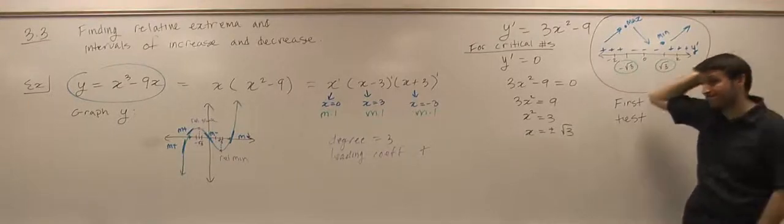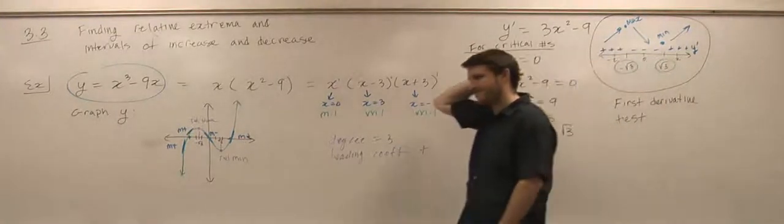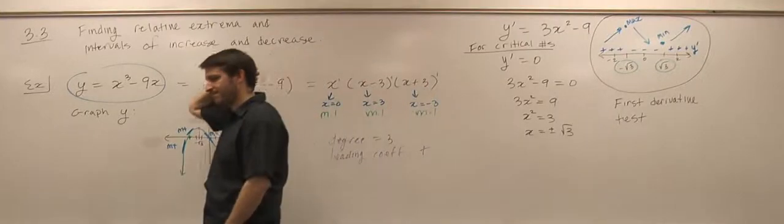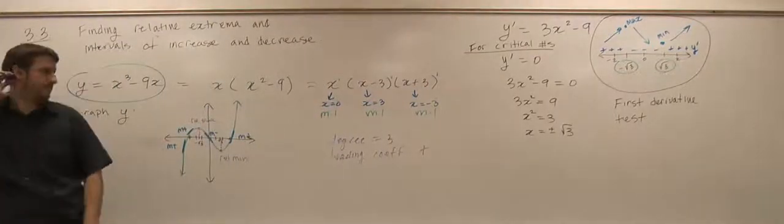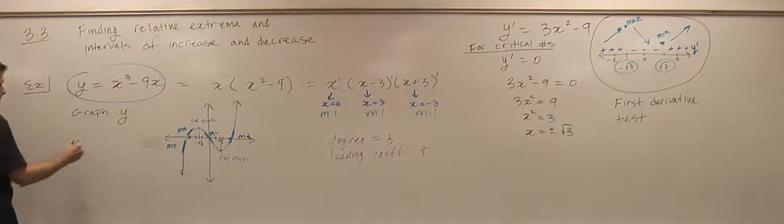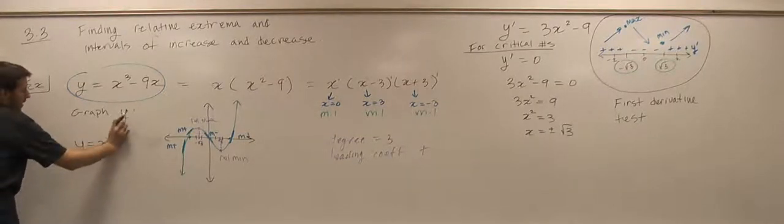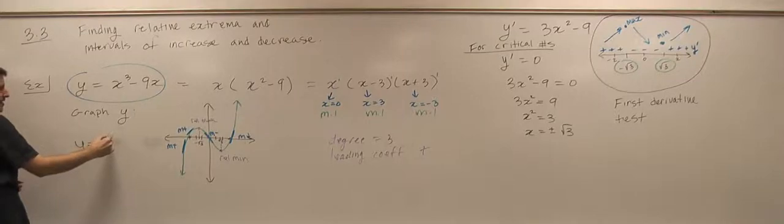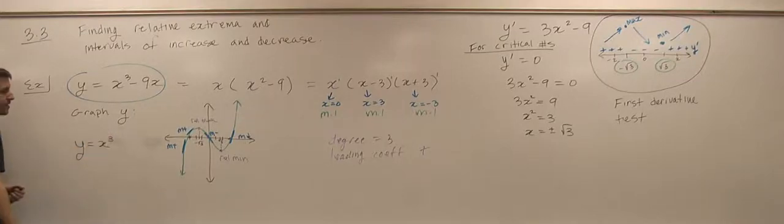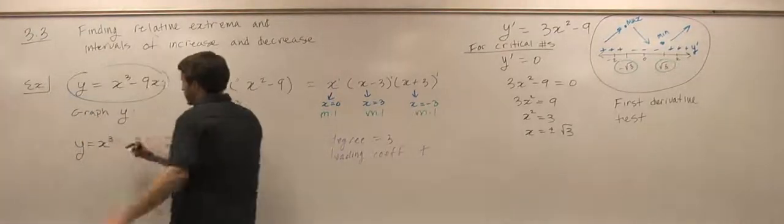How could you have a 0 slope and not change? So how can you have a zero slope and not change from increasing to decreasing or decreasing to increasing? Well, here's a function.